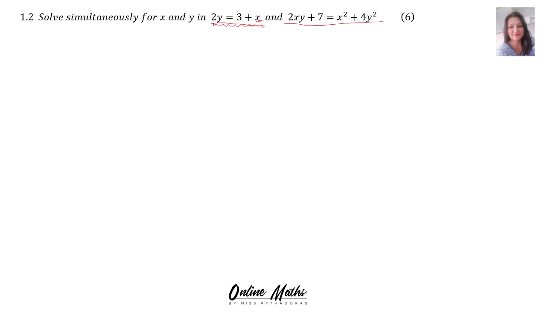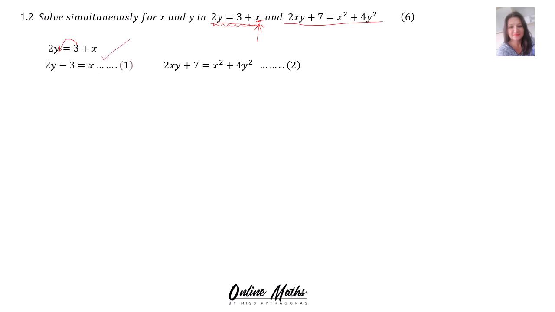And here I would rather make x the subject of the formula, because if you do it for y, then you're going to end with fractions, and you want to avoid fractions at all cost. So what I did here was I took the 3 across to the other side, and you label this equation 1. This is worth a mark.